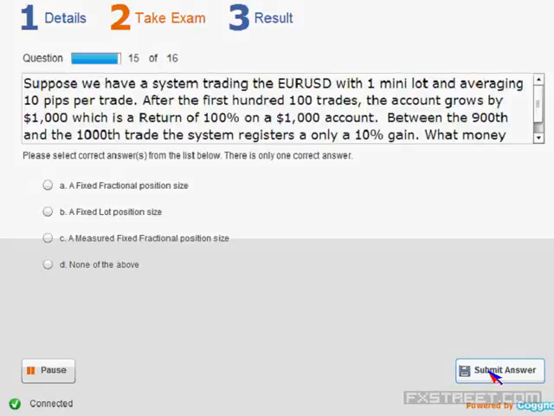The next one asks, suppose we have a system trading the euro dollar with 1 minute lot and averaging 10 pips per trade. After the first 100 trades, the account grows by $1,000, which is a return of 100% on a $1,000 account. Between the 900th and the 1000th trade, the system registers only a 10% gain.